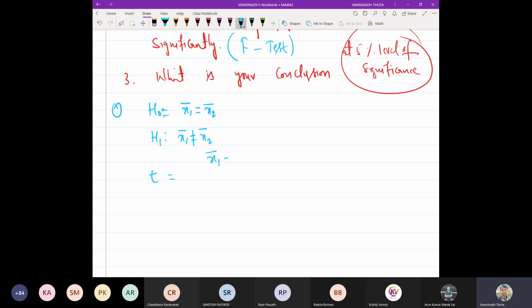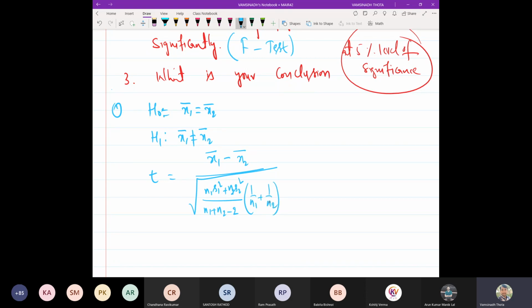The test statistic is, as we saw yesterday, x1 bar minus x2 bar upon the square root of (n1 s1 square plus n2 s2 square upon n1 plus n2 minus 2) times (1 upon n1 plus 1 upon n2).